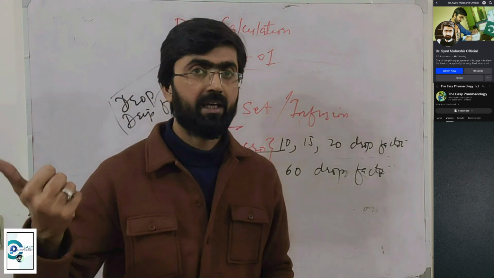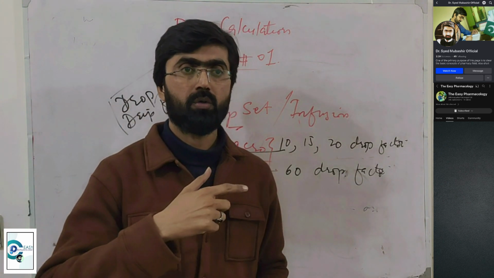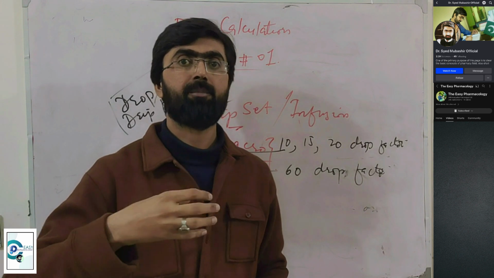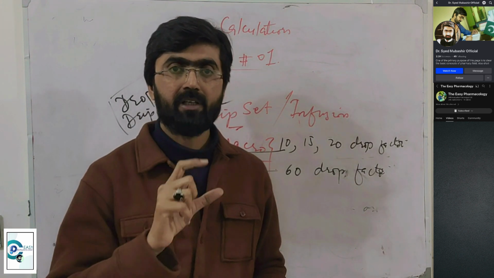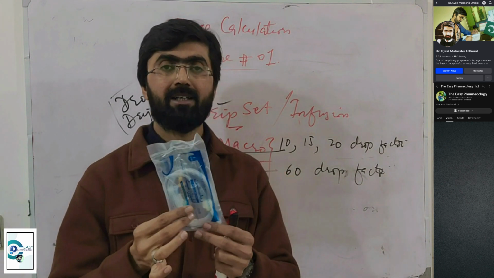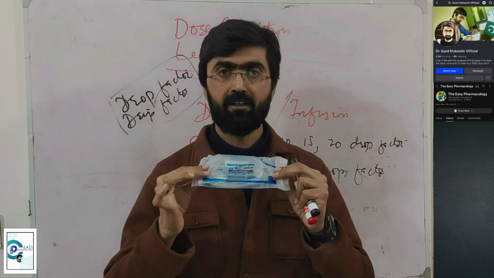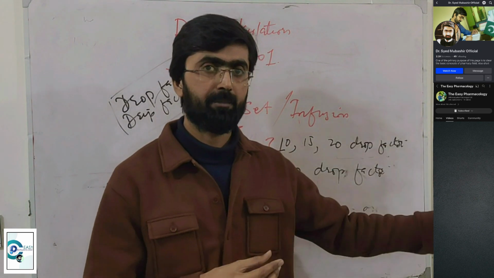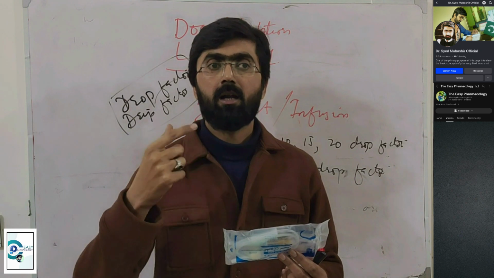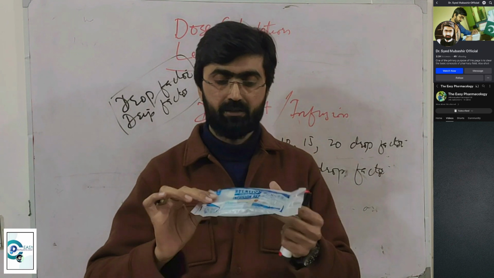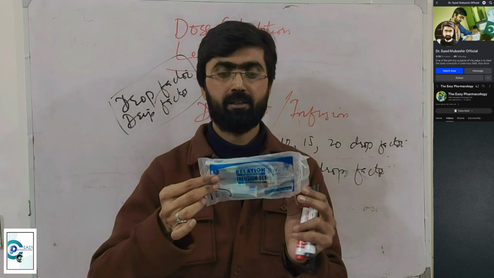So from where will we come to know the drop factor or drip factor? To know that, we have to check the drip set which we are going to use for that specific patient. The drip factor or drop factor is mentioned on this drip set.